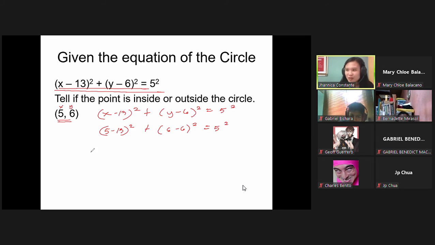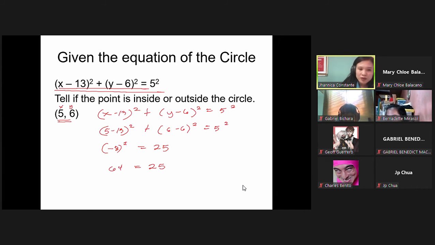So 5 minus 13 is equal to negative 8 squared plus 6 minus 6 is equal to 0. So that is 0 already. Equals to 25. So negative 8 squared is equal to 64. So 64 equals to 25.